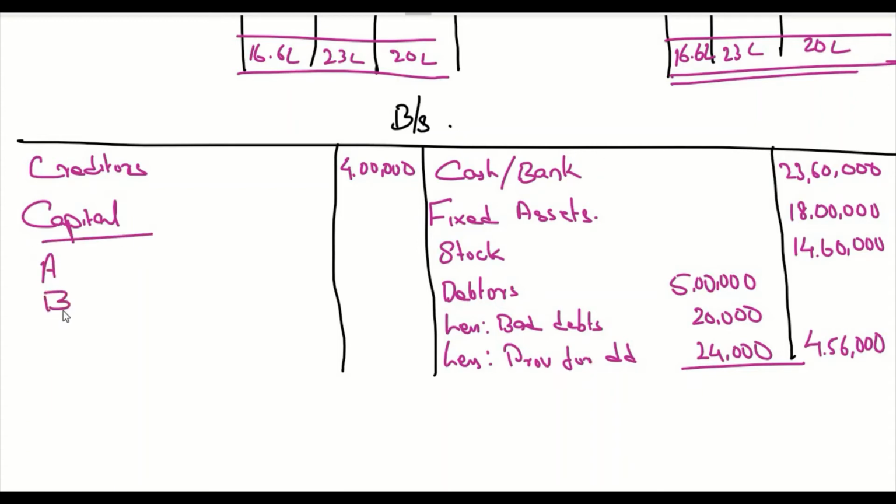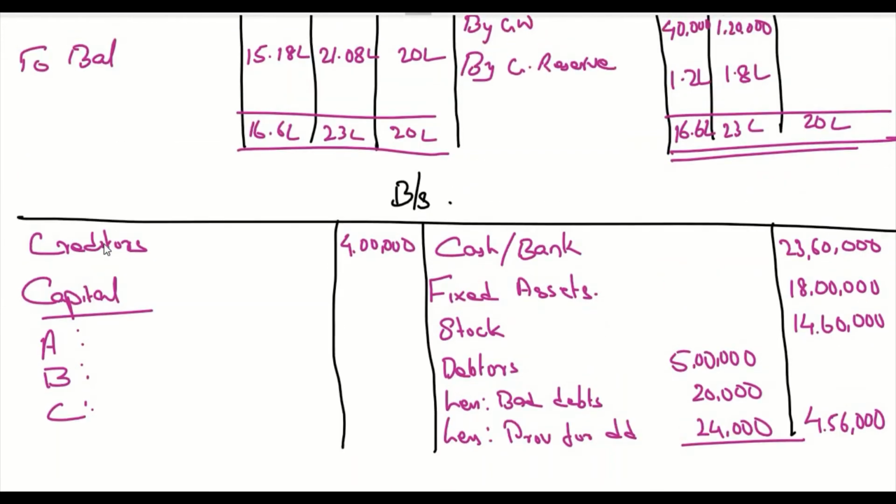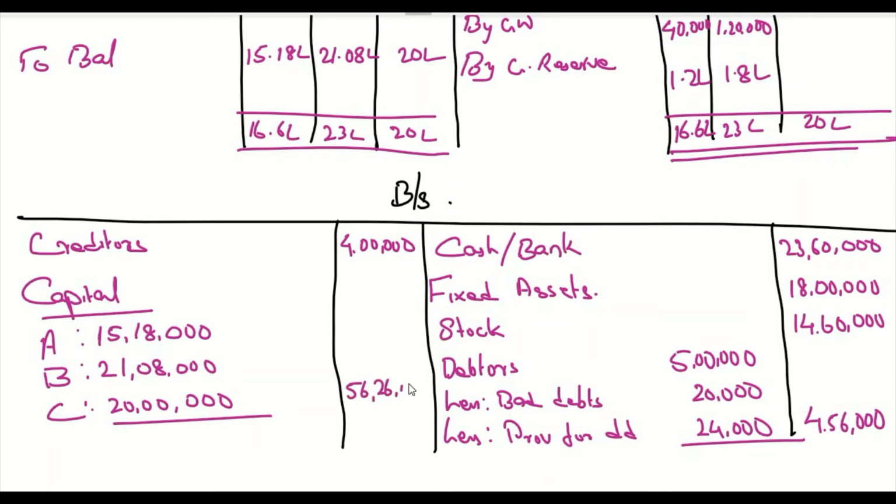A, B and C. So we got our capital balances here, 15 lakh 18,000, 21 lakh 8,000, 20 lakhs. Altogether it's going to be 56 lakh 26,000.